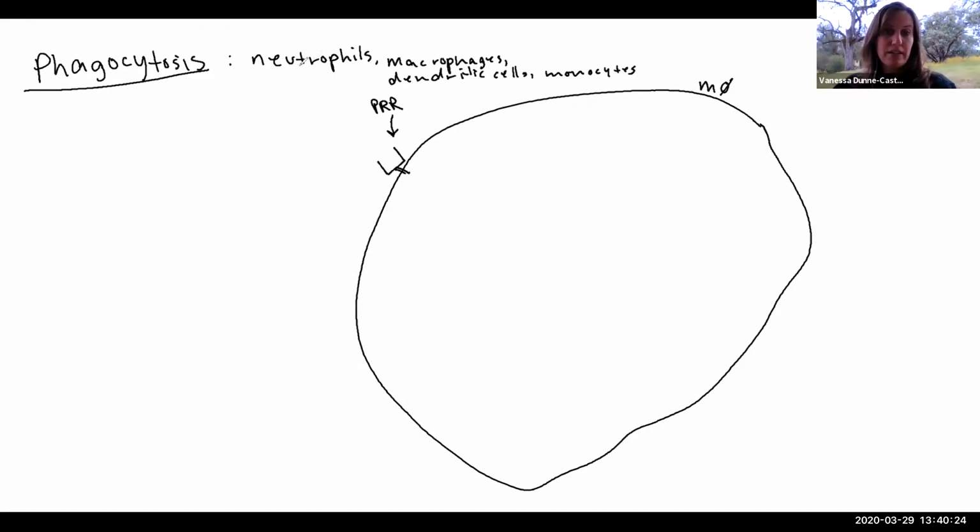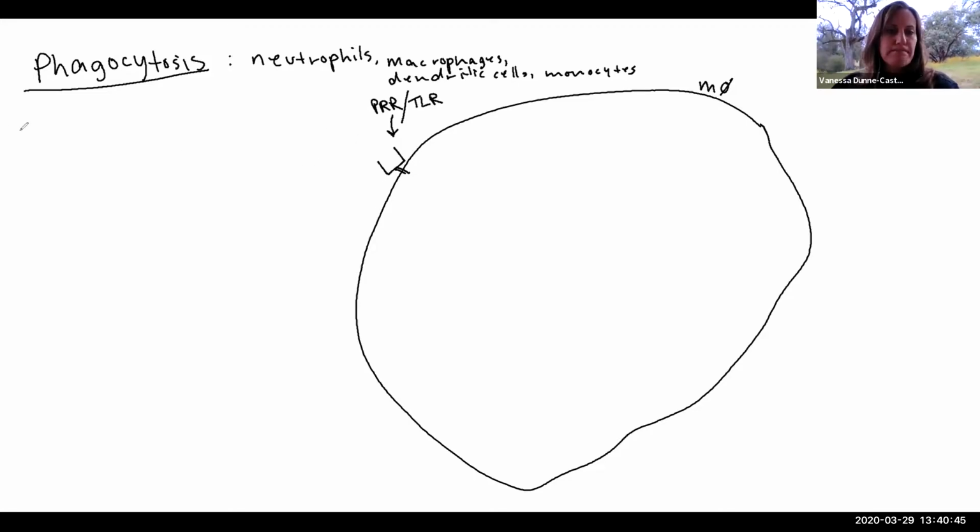Everything is abbreviated. As you can see, these words get pretty long. So instead of writing out pattern recognition receptor every time, I'll write it PRR. And I'll also say this could be a toll-like receptor, or TLR. Remember, these guys are on our innate immune cells, and they have the ability to recognize foreign things.